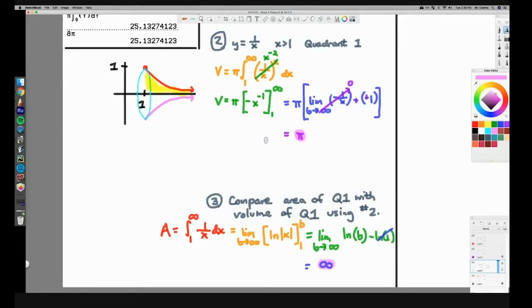So if you had paint, this is called the painter's paradox, by the way, in case you want to look it up. You can fill this cone up with a finite amount of paint. It's pi paint, but you could paint outside of it forever. So try to imagine that in your head. You have some object where you can paint the outside of it forever, but you can't fill it with paint forever. It will never go over pi.